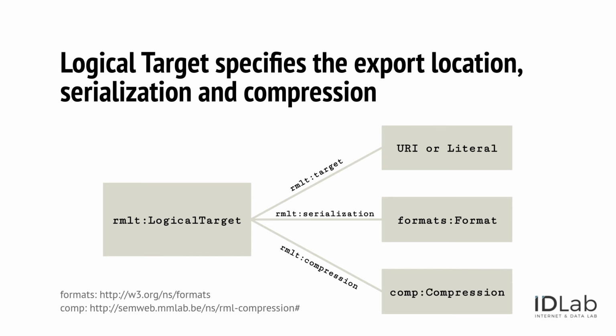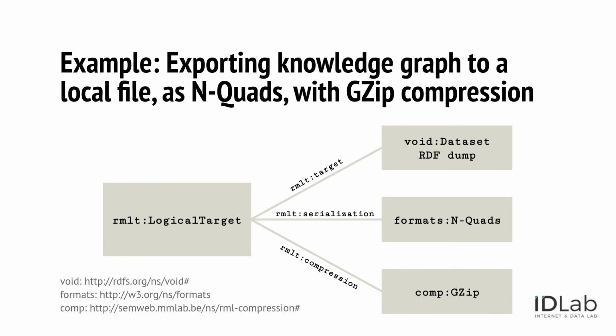You can optionally specify the compression to save disk space when exporting your knowledge graph to a file, for example. We can put this in practice where we export a knowledge graph to a local file with NQuads as serialization and gzip compression.